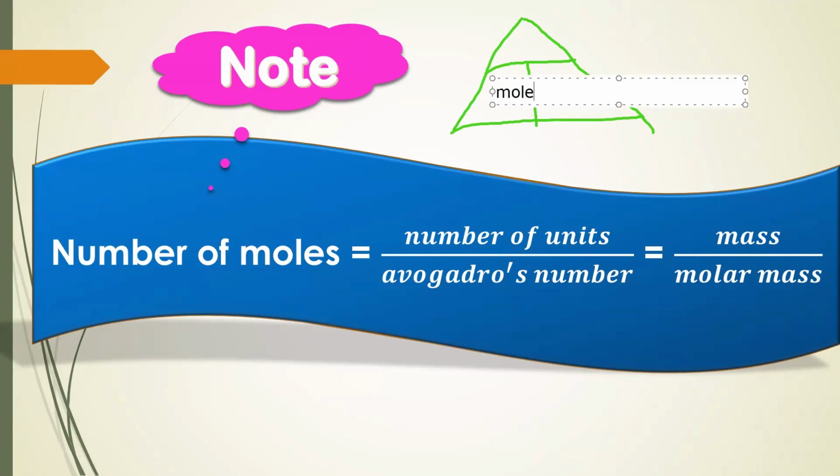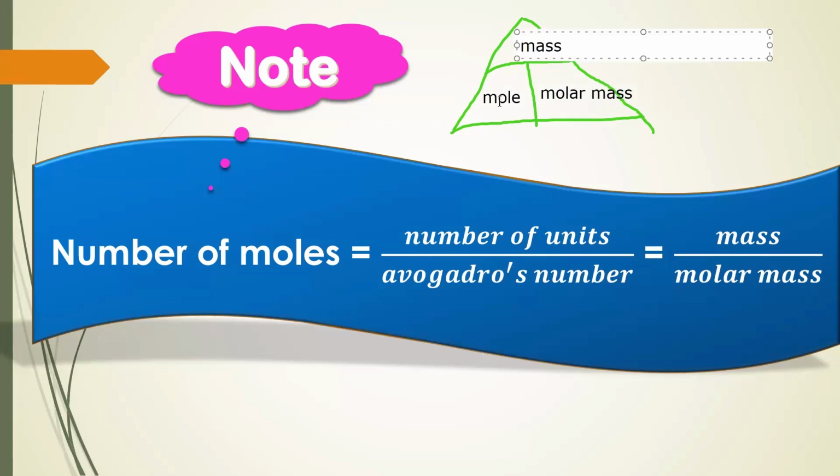We add here the number of moles, and we add here our mass, and at the top was the mass. From here we were able to calculate the mass from the moles or the moles from the mass.